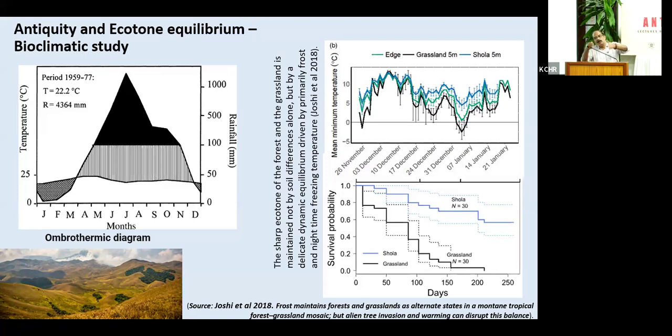It is a period of 20, 30 years of such temperature data, or if you get it for 100 years, it is even better, and you generate this and find out which is the dry spell, which is the wet spell, wet season, and which is the dry area and other things. And that has been giving much insight into the survival of the species, or what can happen to the vegetation and other things. So what ultimately I wanted to stress here is that the shola grassland ecosystem is very unique.